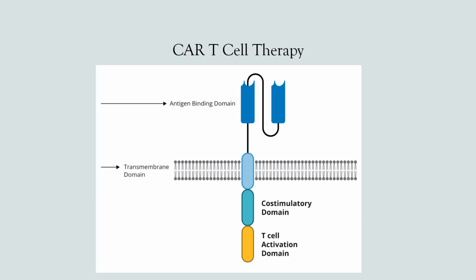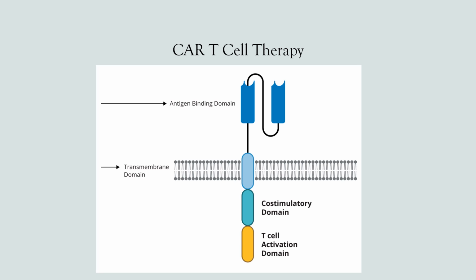So I borrowed this from, I can't remember where I got it from, but I'll put a reference in the description below. And this is just showing a pictorial representation of a CAR T cell receptor, or CAR T cell, for CAR T cell therapy. So basically it consists of 3 domains.